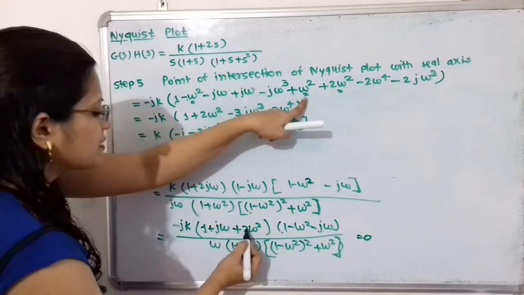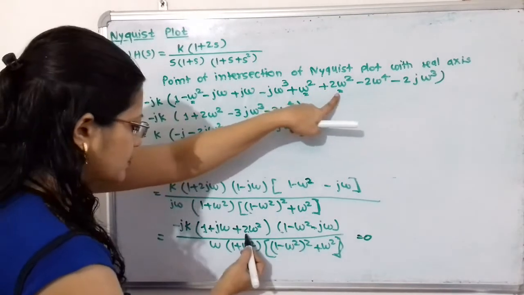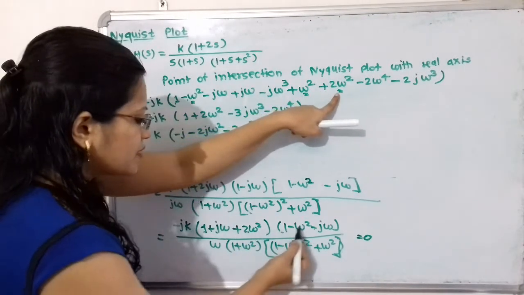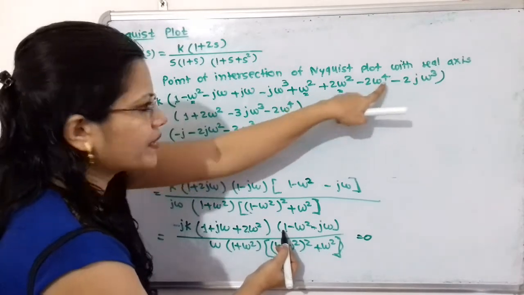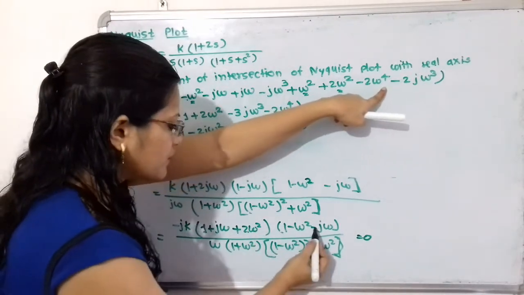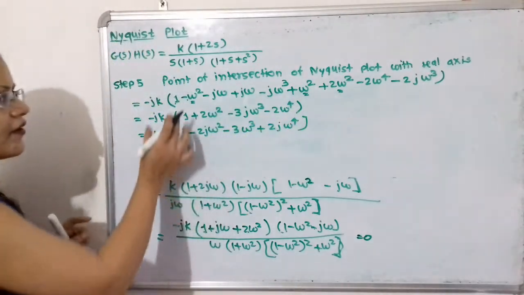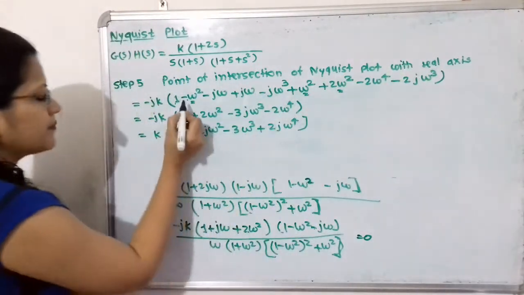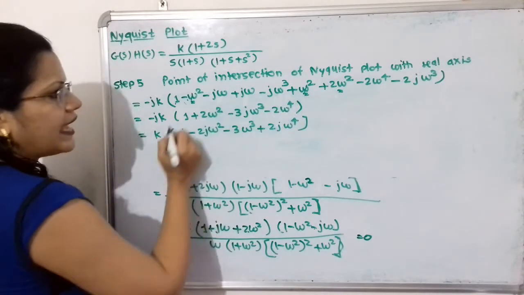Now we will multiply this 2 omega square, so 2 omega square multiplied by 1, that is plus 2 omega square. Then here 2 omega square multiplied by minus omega square, that is minus 2 omega raised to 4, and 2 omega square multiplied by minus j omega, that is minus 2j omega cube. Now again we will simplify this bracket. So here minus omega square plus omega square, that is getting cancelled.